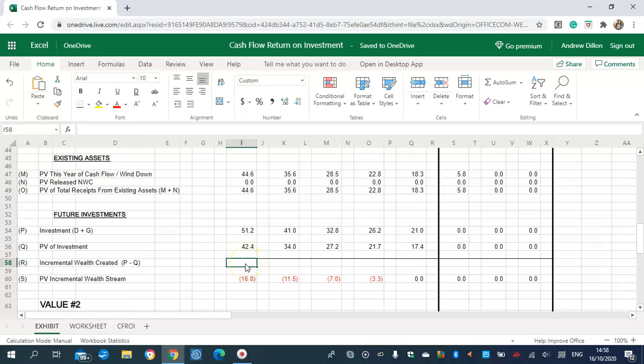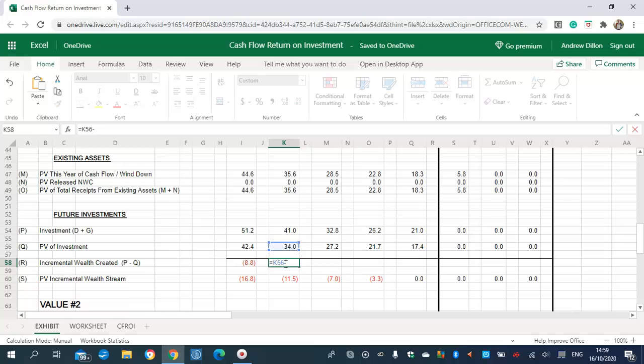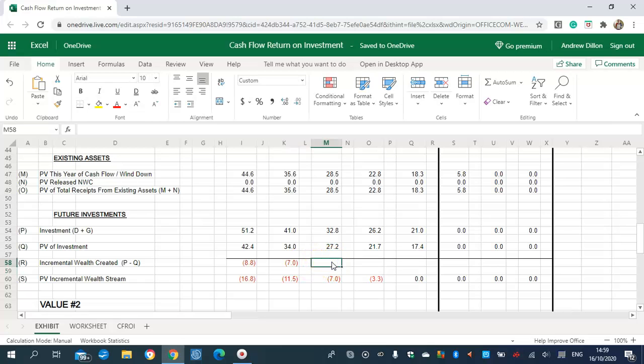Okay, we'll have to calculate the next one, which is the incremental wealth created, B minus Q. So simply, present value of investment minus investments D plus G. Same with the other letters, equals K56 minus K54. M58, M56 minus M54.